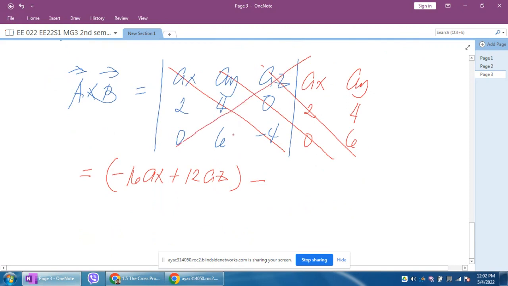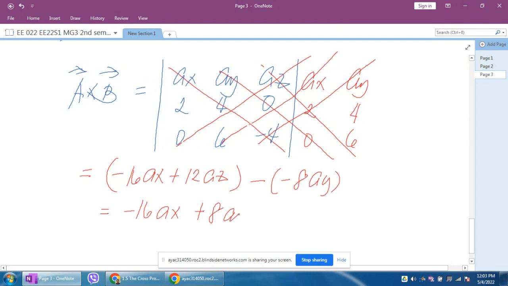This is 0, this is 0, this is negative 8 AY. Tama po? So simplifying, you have negative 16 AX, positive 8 AY, plus 12 AZ.